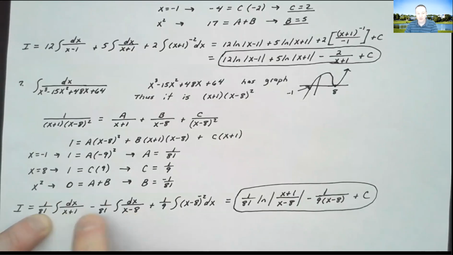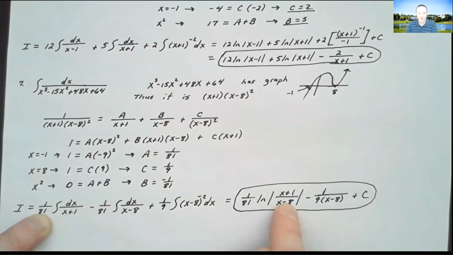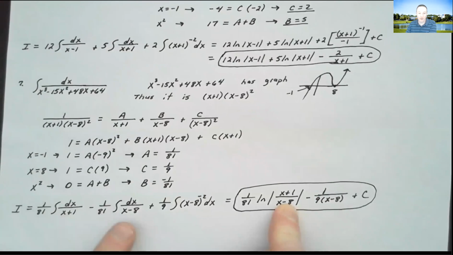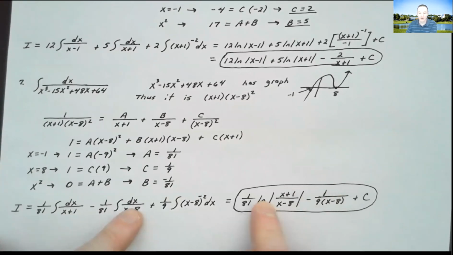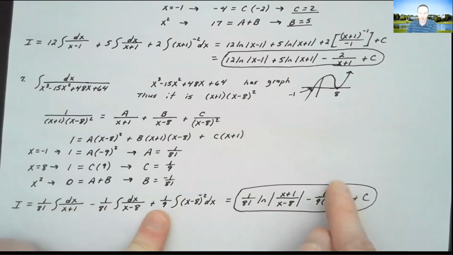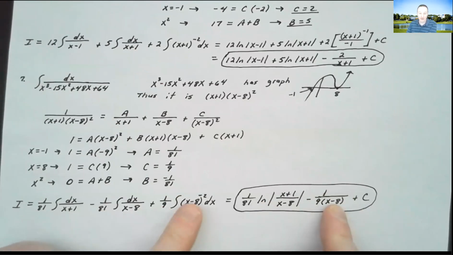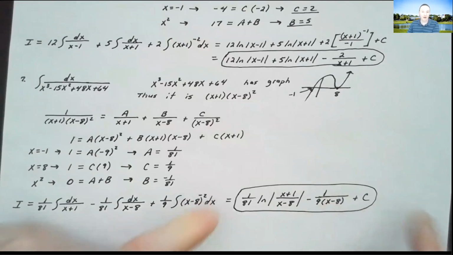So the only thing is, when I condense, I would divide. So I called this 1 over 81 natural log of x plus 1 over x minus 8, all inside the absolute value. And then minus 1 over 9 times x minus 8 to the -1, which means x minus 8 in the denominator, plus your constant of integration.